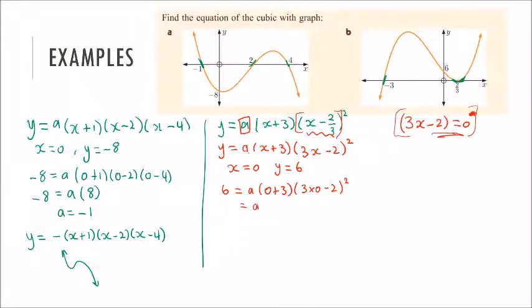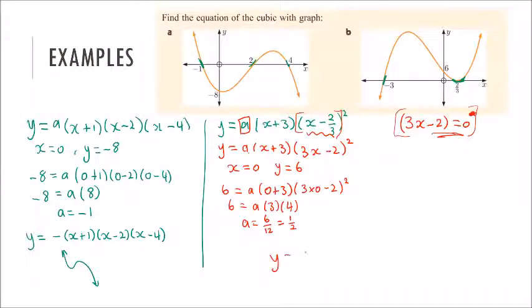So I've got a times 3, and then 3 times 0 is 0, minus 2 is minus 2, square that, and that's going to be 4. So then a is going to be equal to 6 divided by 3 times 4, which is 12, and that is just a half.